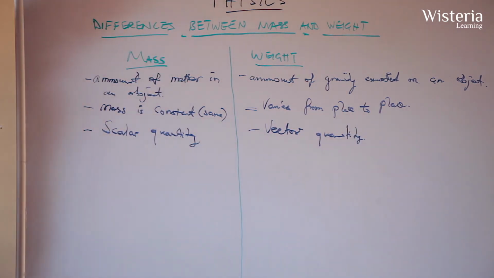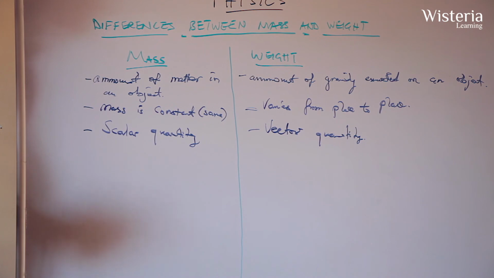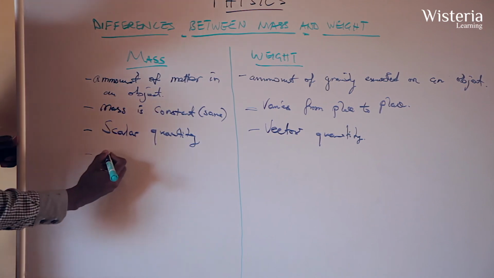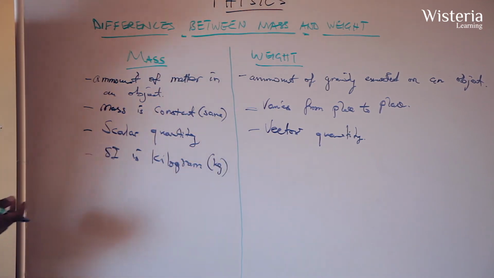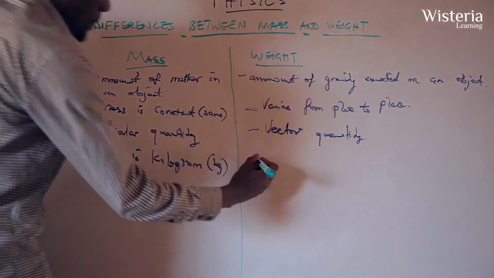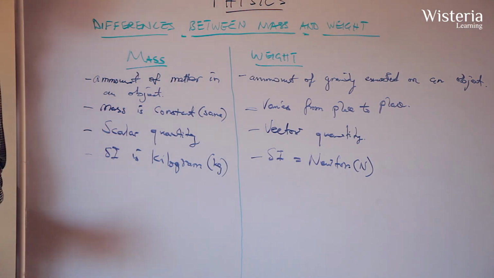Okay, so that's our third difference, and the fourth difference we can talk about is in terms of the SI unit, the standard units that measure these physical quantities. For mass, the standard SI unit is kilograms, which is kg. For weight, the SI unit is newtons. So you can also use that as a difference between the two.